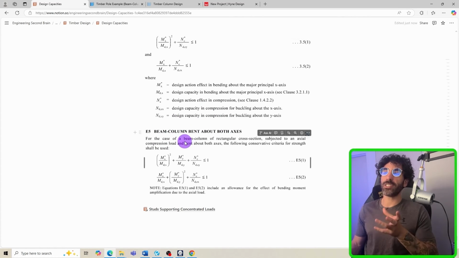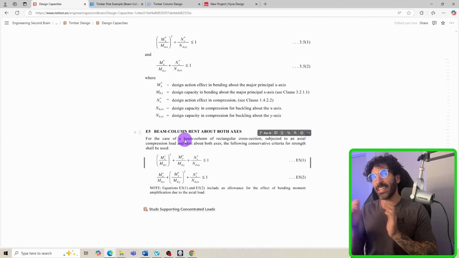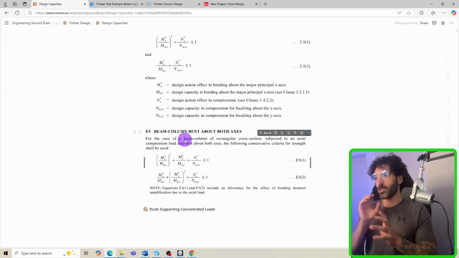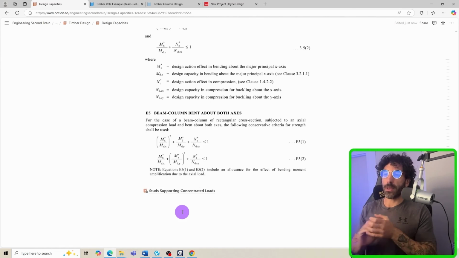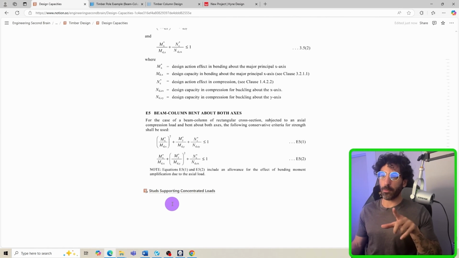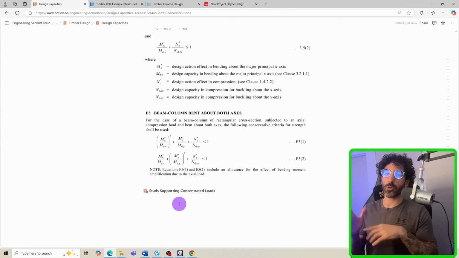As I said, these equations are pretty similar to the steel column design, so I'm not going to extend this lesson too much, because we're going to go over these sort of equations in much more detail in the next module. And finally, there is another example of the design of a stud supporting concentrated loads. It's a really good one because it goes through a stud subject to compression loads and also wind loads.